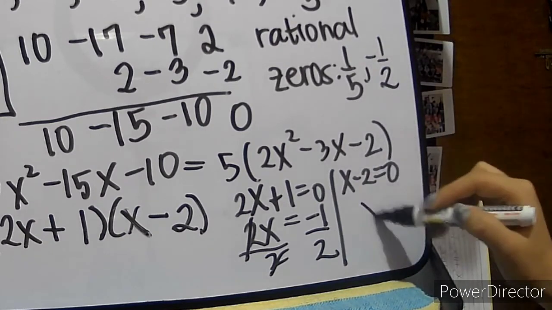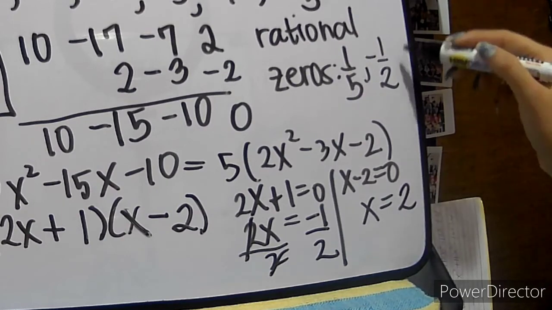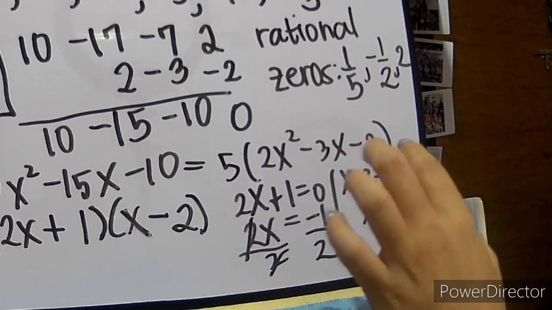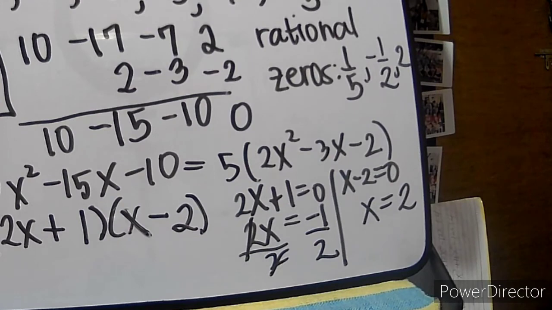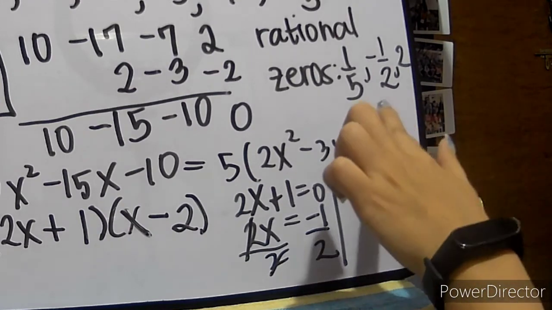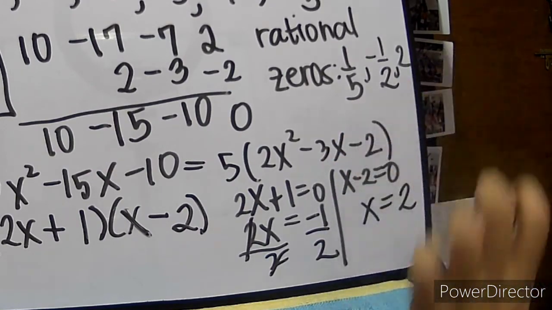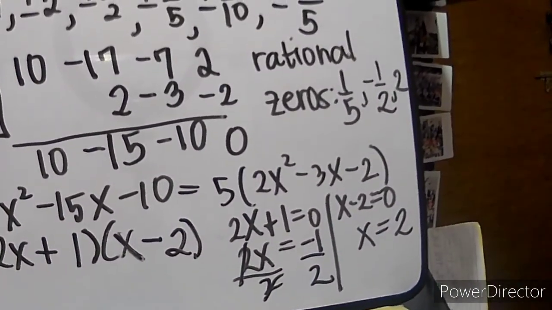And then ito itatranspose lang, or kung APE, we will be adding both sides by 2. Okay, so let me erase the solution and write the rational zeros. Pero dun na sa isang whiteboard ko, I will be showing you how to write this into factored form.